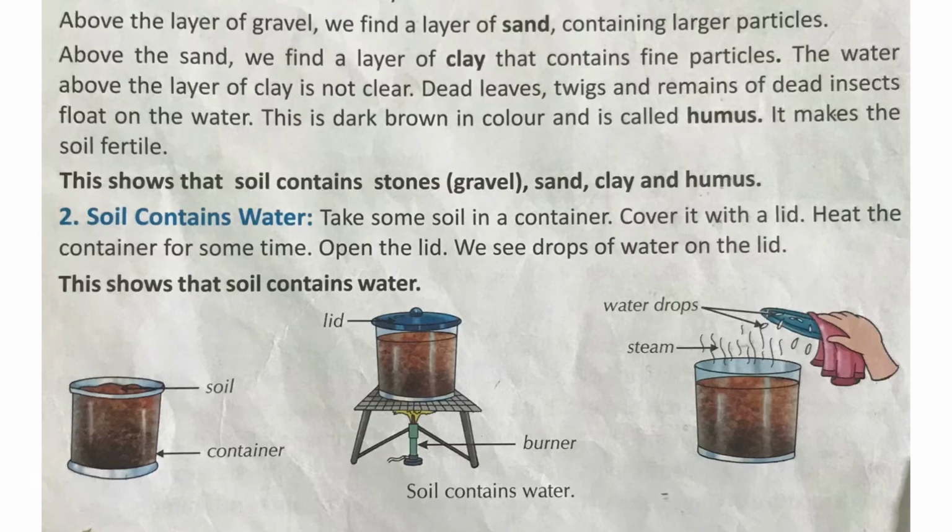The water above the layer of clay is not clear. Dead leaves, twigs and remains of the dead insects float on the water. This is dark brown in color and is called humus. It makes the soil fertile. This shows that the soil contains stones, gravel, sand, clay and humus.